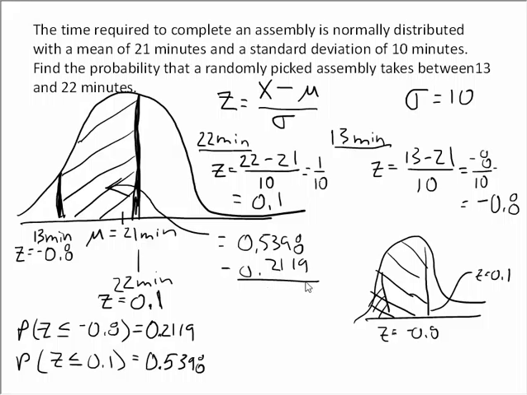And if I did my math right, that's 0.3279, or 32.79%. There's the probability that a randomly picked assembly takes between 13 and 22 minutes. It's 32.79%. Very good.